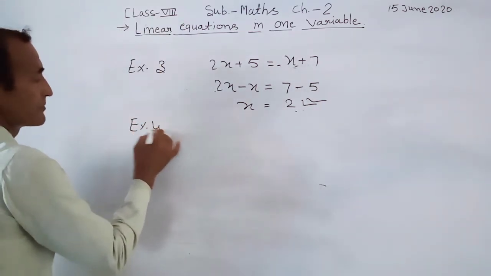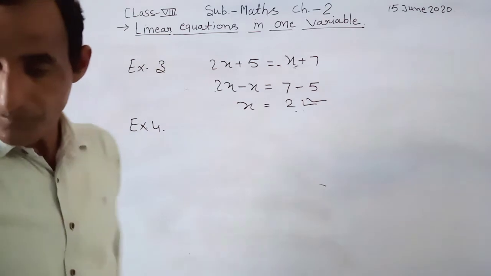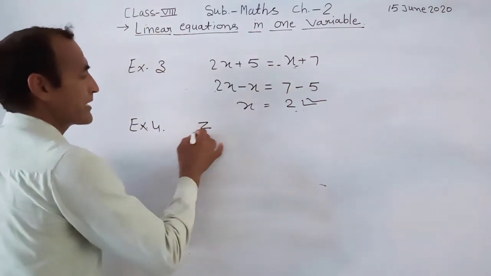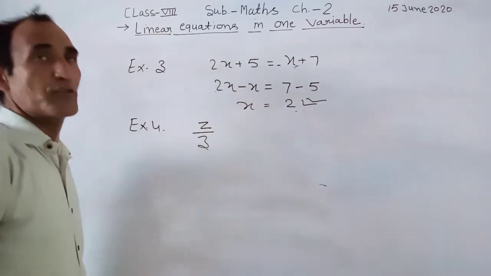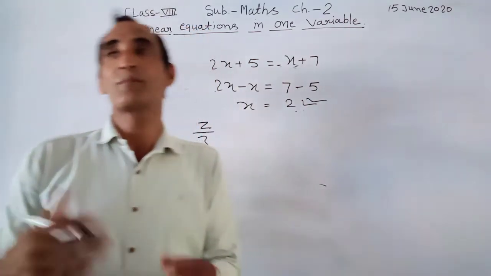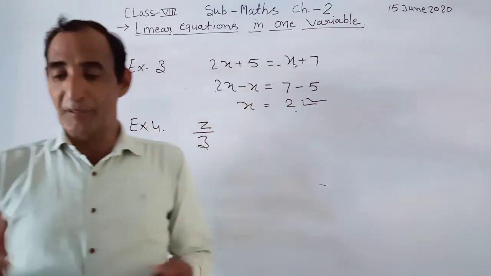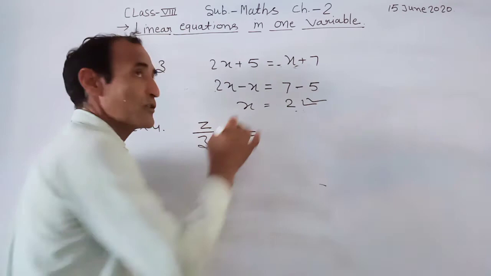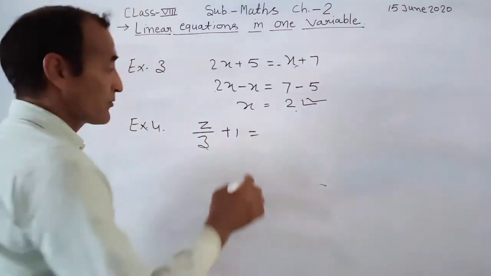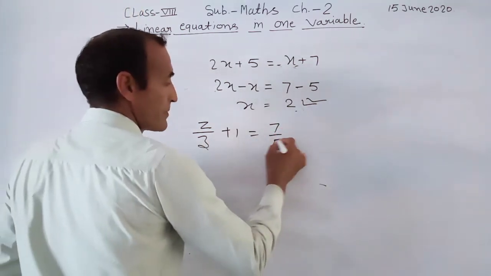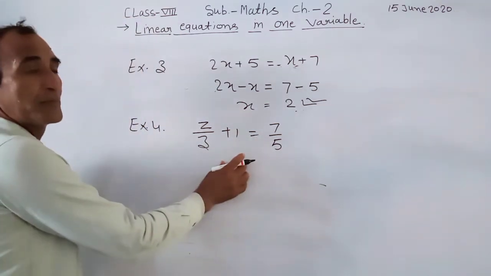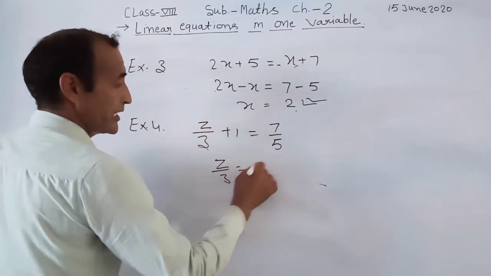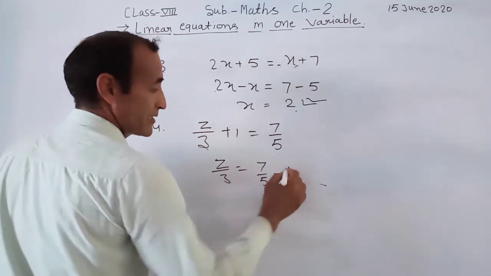Example 4: z upon 3. I changed the alphabet, no matter that it is x, we can put any alphabet from A to Z. Plus 1 is equal to 7 upon 5. Look, here plus 1 converts into the right hand side, so it converts into minus.